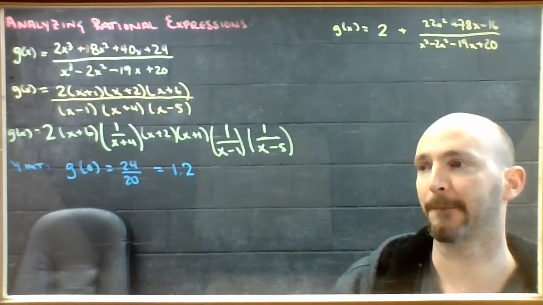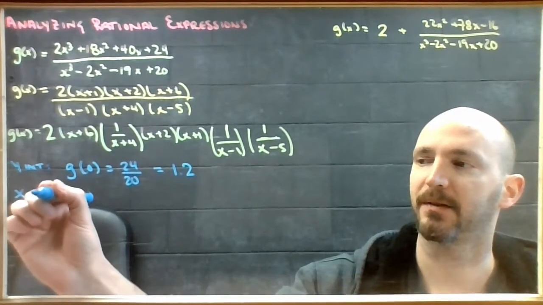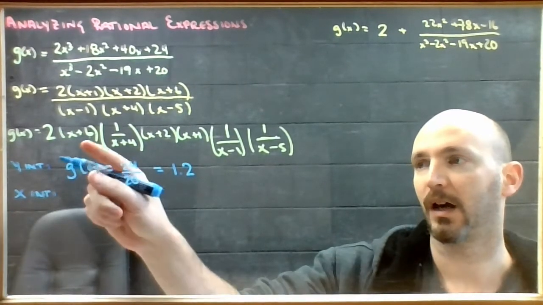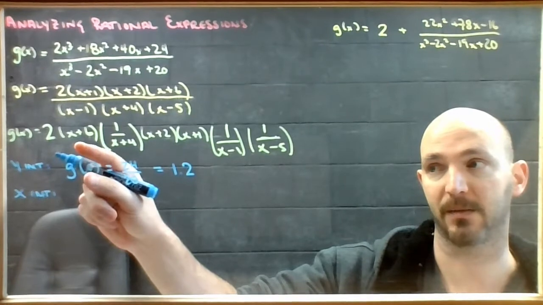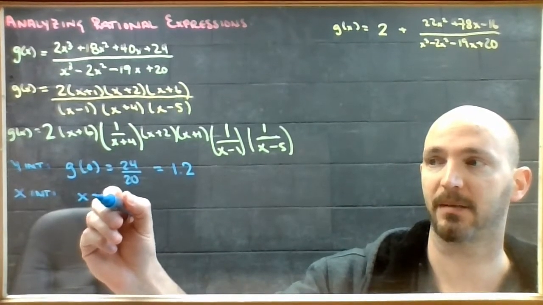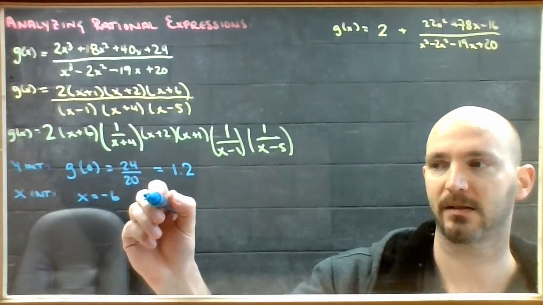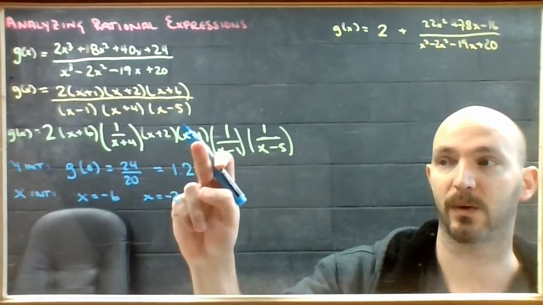All right. x-intercepts. One will happen when this linear segment hits the x-axis, that'll be at -6. One will happen when this one does. And when this one does.